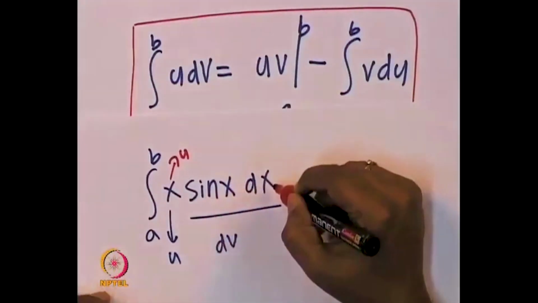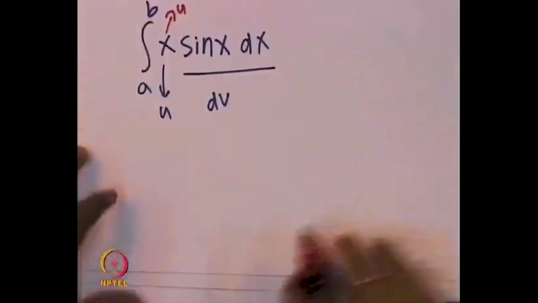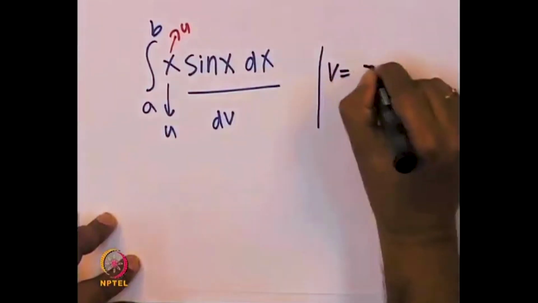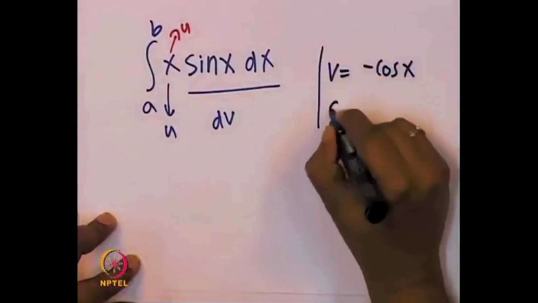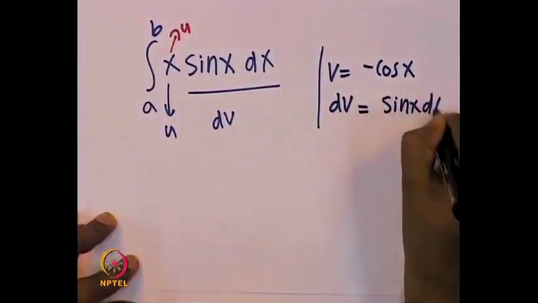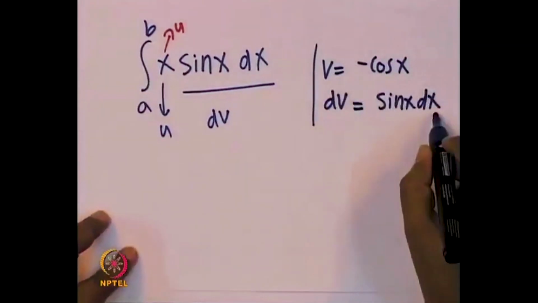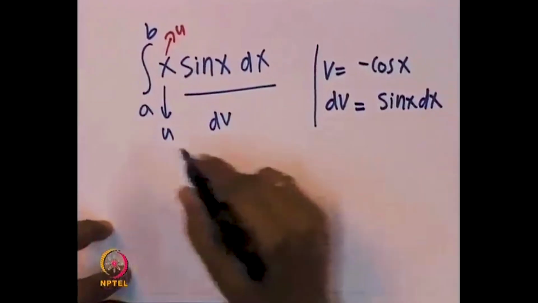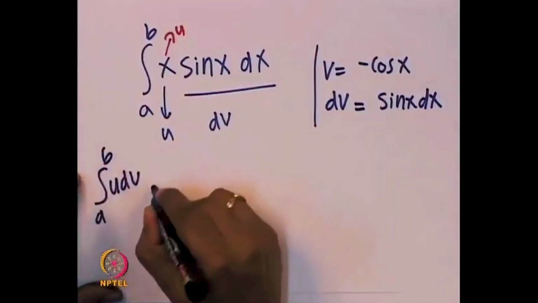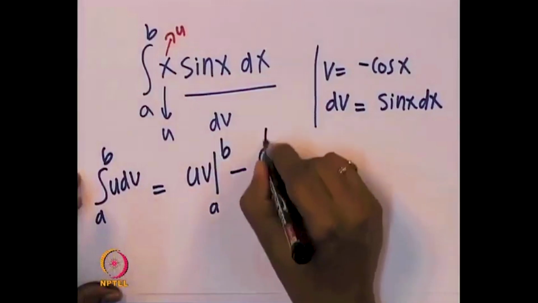So, dv is sin x dx, so v has to be minus cos x, because the derivative of minus cos x is sin x. The formula says that integral u dv from a to b is uv in the limit a to b minus integral a to b v du.